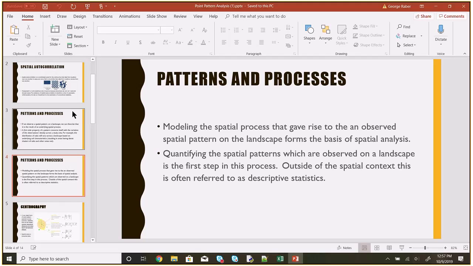Sometimes, though, we don't directly measure the entity where it exists. We're trying to describe things about the particular spatial pattern, and that is referred to as descriptive statistics outside of GIS or outside of geography.